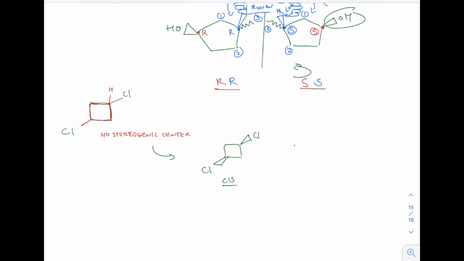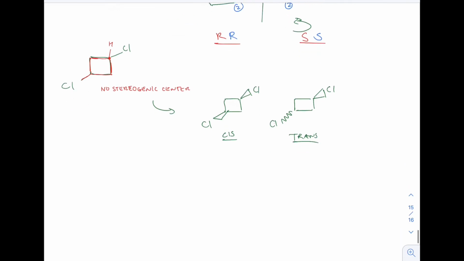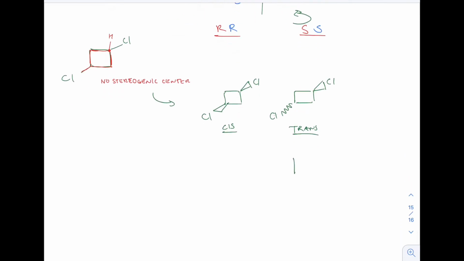We can throw them both wedges, and then we could technically give them both dashes, but those would be the same compound. So let's swap out one of them, and that gives us the trans configuration. Now you might feel inclined, sorry, let me draw it right here. Let's draw the mirror image, right?